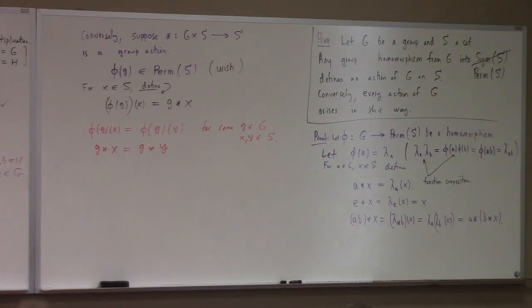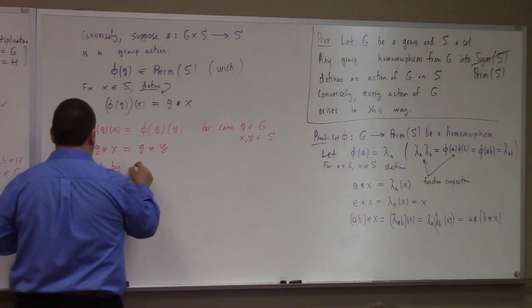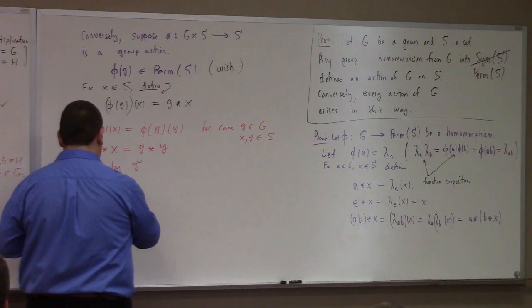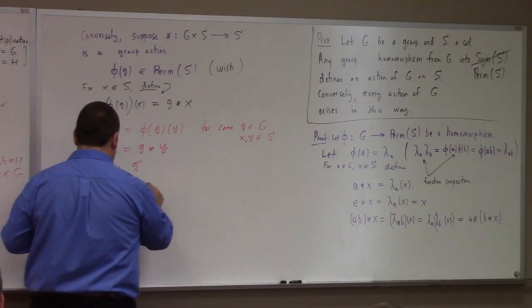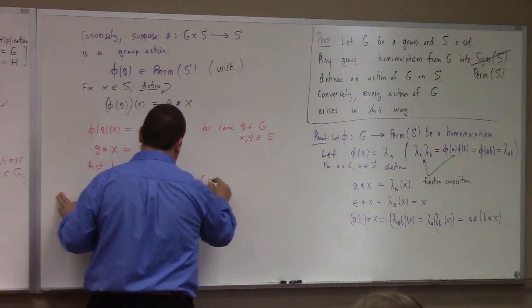Those are elements of S on both sides, right? So why don't I just take the group action with G inverse? So act by G inverse on both sides. I'm not saying multiply by G inverse, I'm saying act by G inverse. So G inverse star (G star X) is equal to G inverse star (G star Y).